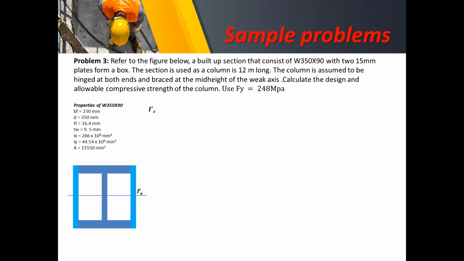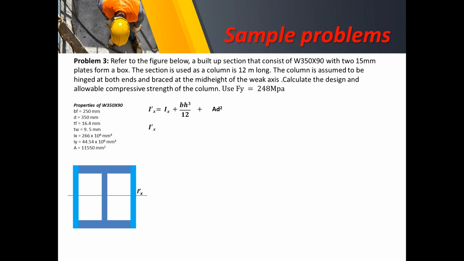So therefore, I prime x is Ix for the flange plus, of course, we have here a rectangular section. The I for a rectangular section is bh cubed over 12, and we also add here the transfer distance if there will be a transfer distance.